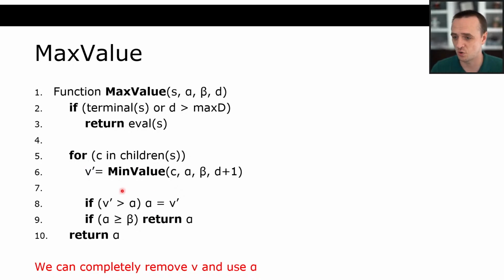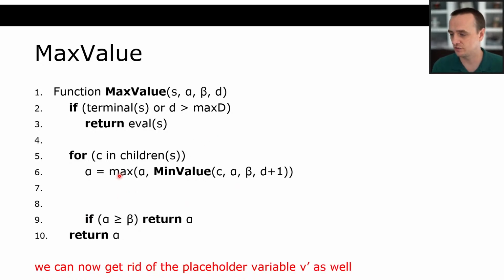The next step to shortening is I can recognize this. I'm using V prime as a temporary variable to store this min value, and then I'm just storing this here and then using it down here. But instead of storing a value and then comparing it, I could just compare its value directly by calling a max function.